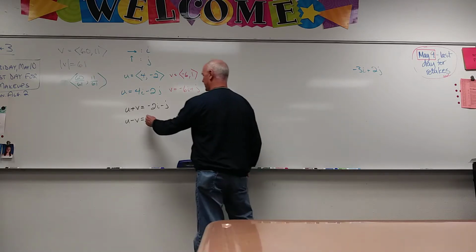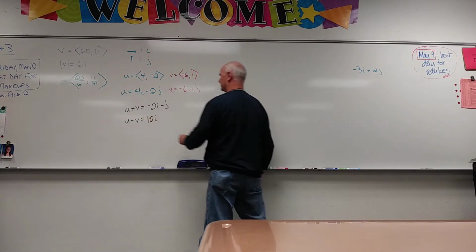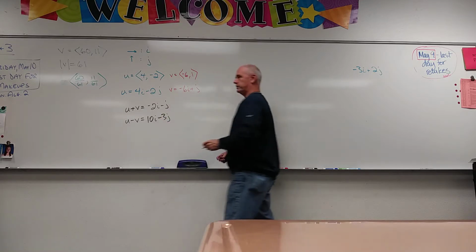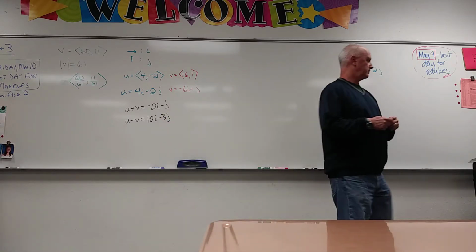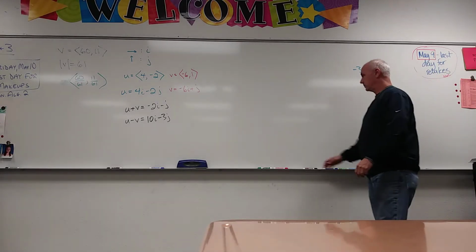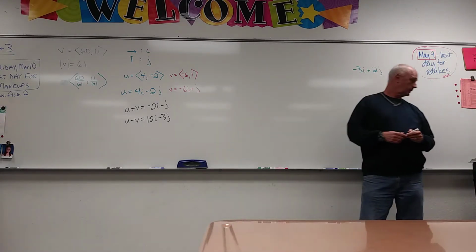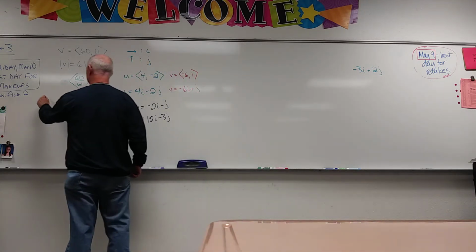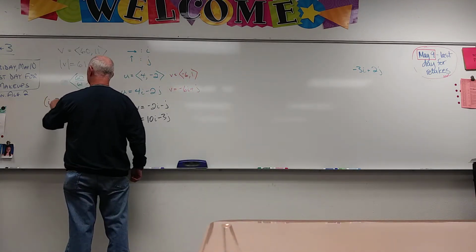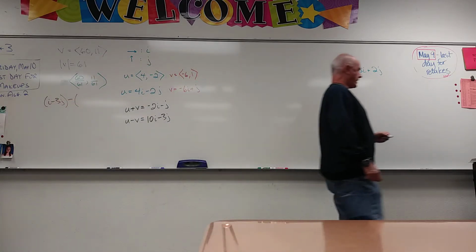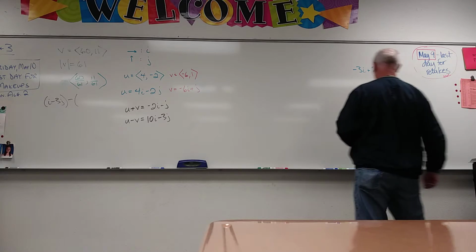Yeah, 10i, 10i minus 3 minus 2j. Sounds good. How are we doing so far? i minus 3j. I think I know where this negative is, 2i plus j.